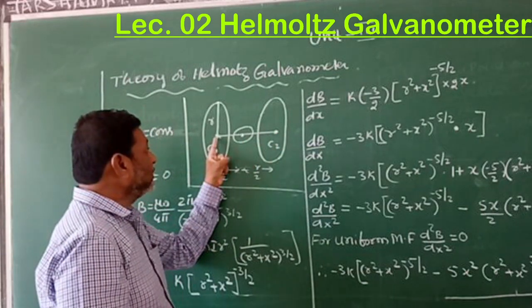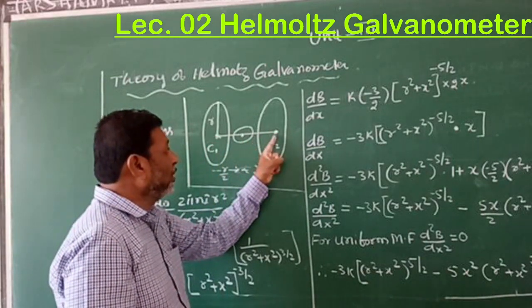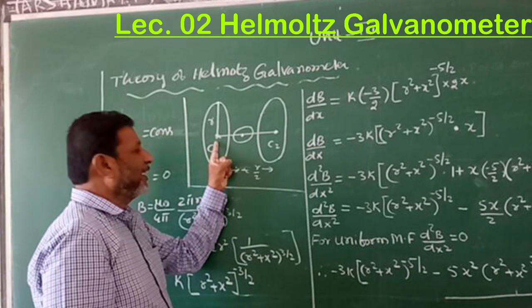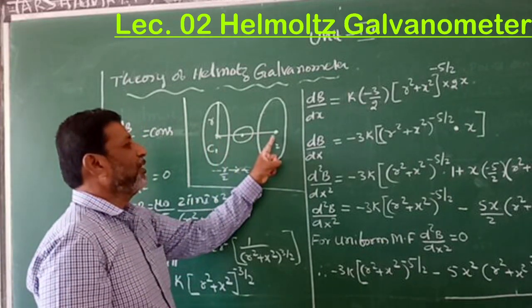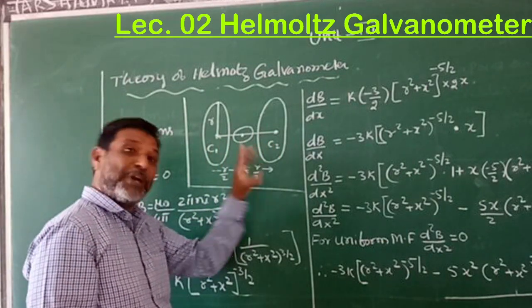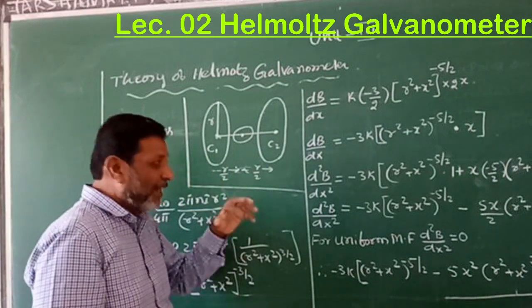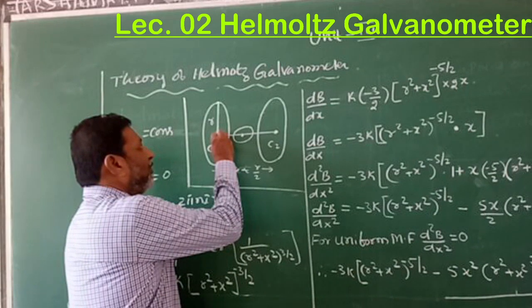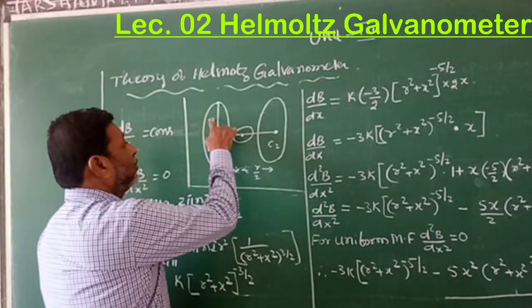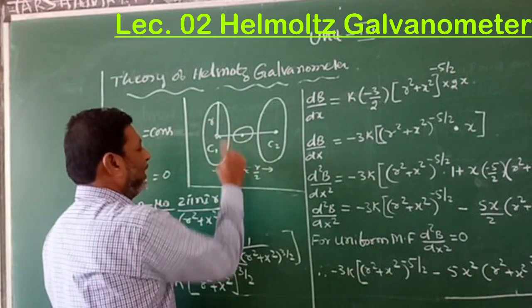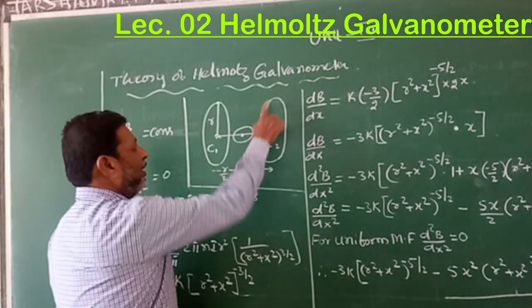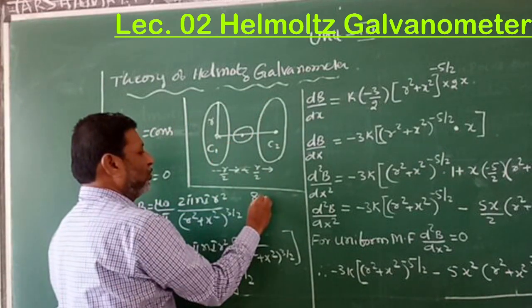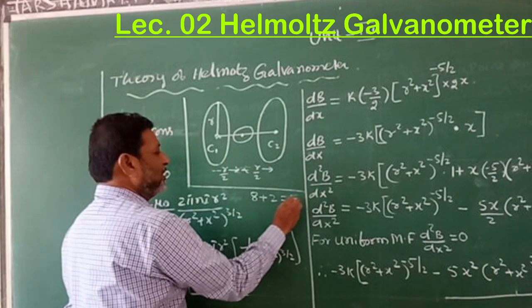Therefore, as we move from C1 to C2, field due to C1 decreases, whereas field due to C2 increases. But the total value remains the same. How? Let us take an example. At this point, field due to C1 is 8 tesla and field due to C2 is 2 tesla, which adds up to 10.